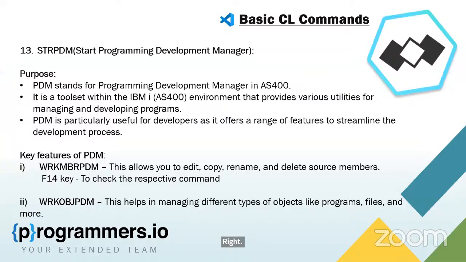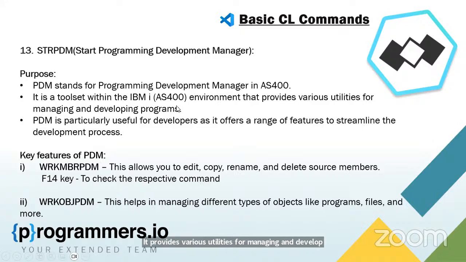Now, next is STRPDM. And STRPDM is basically to start programming development manager, right? Programming development manager is nothing but a tool set with which you can perform various tasks; it provides various utilities for managing and developing programs.